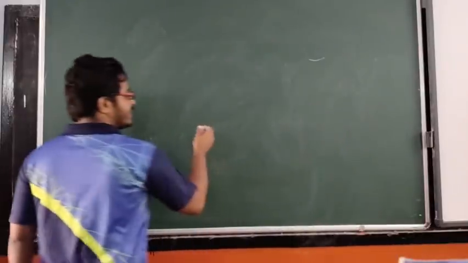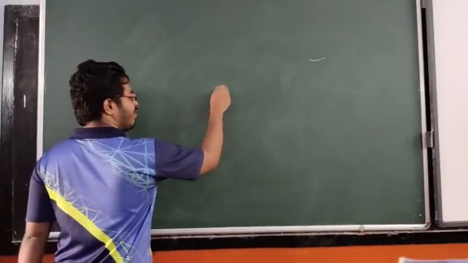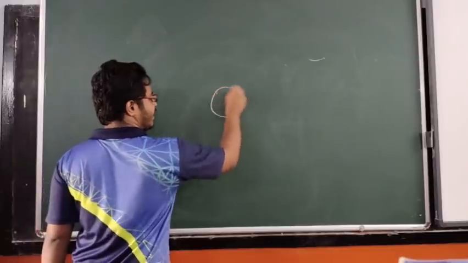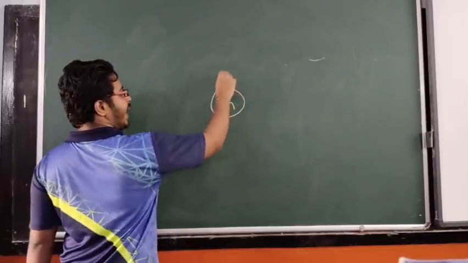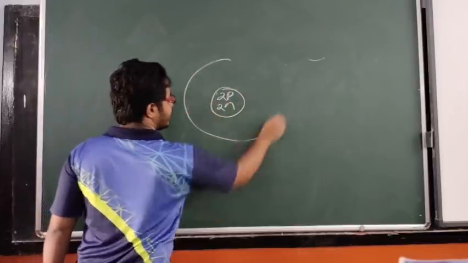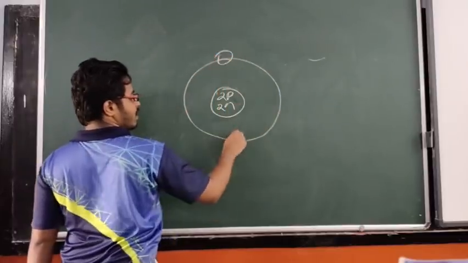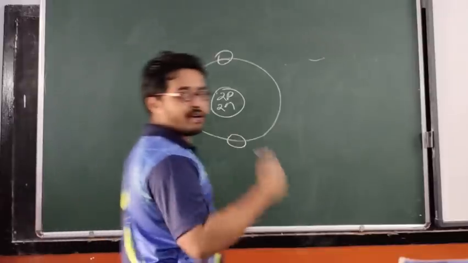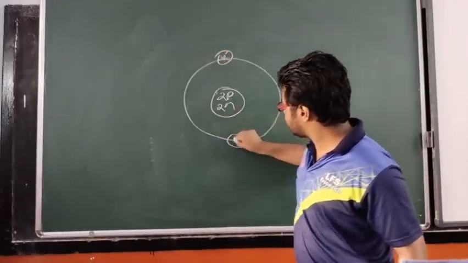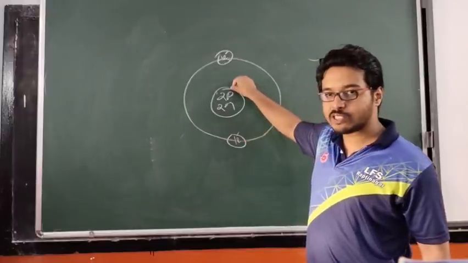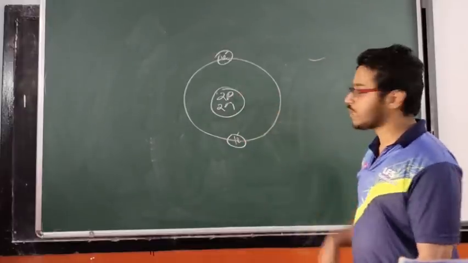So atomic size. What is the size of an atom? An atom contains protons and neutrons inside the nucleus, and there are some electrons revolving around the nucleus in orbits. Electrons are negatively charged, protons positively charged, neutrons neutral.